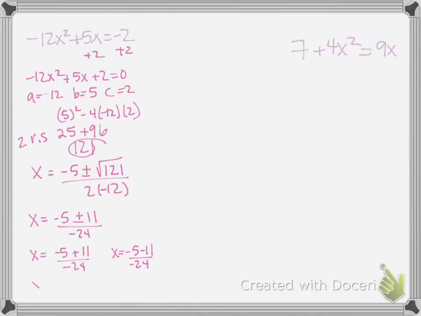Negative 5 plus 11 gets me 6. And then that simplifies to negative 1/4. Negative 5 minus 11 gets me negative 16, which simplifies to 4/6 to 2/3.